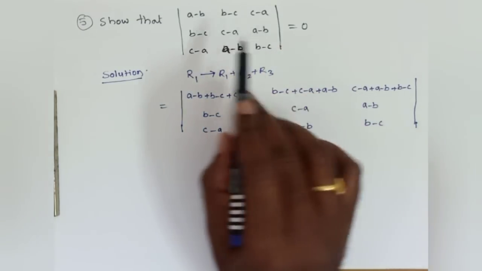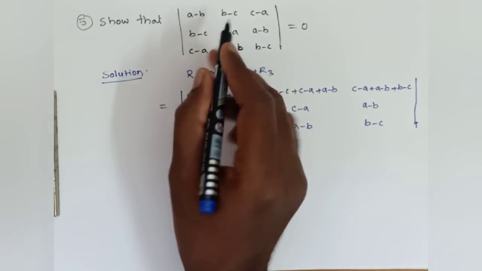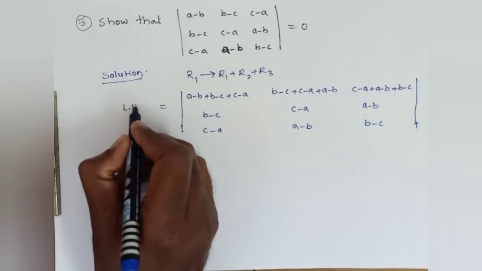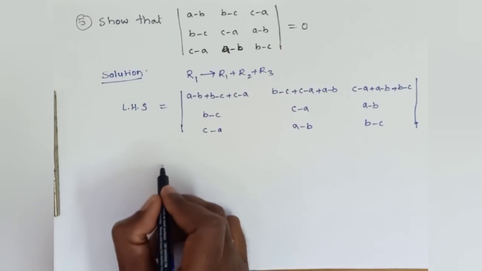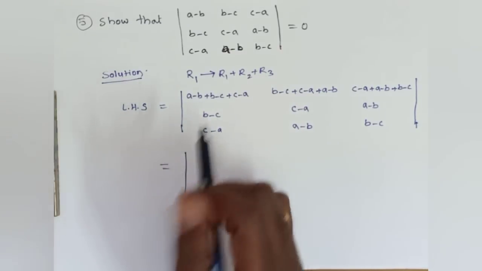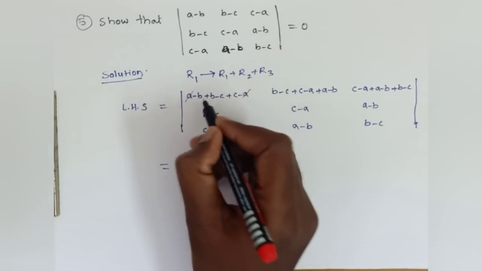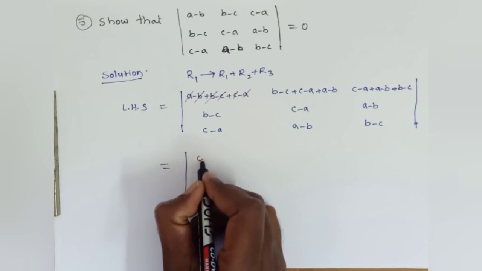Here we need to show this determinant is equal to 0. So consider the left hand side. Here A and A, B and B, C and C get cancelled, so that it is 0.